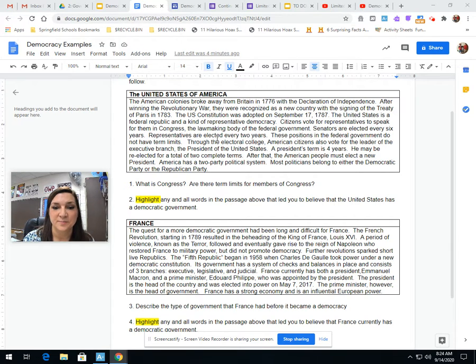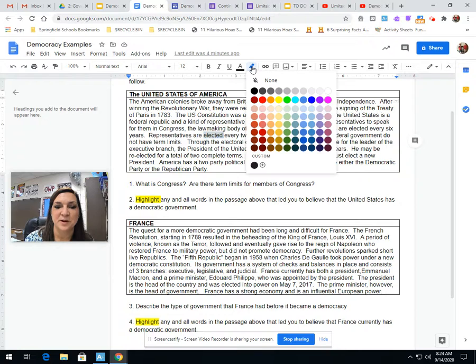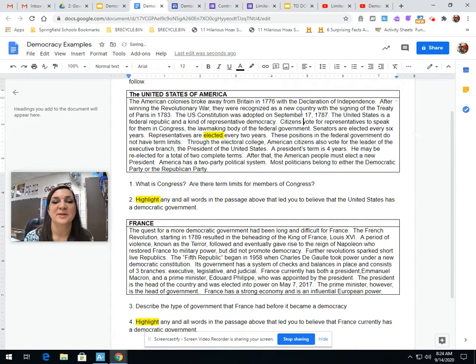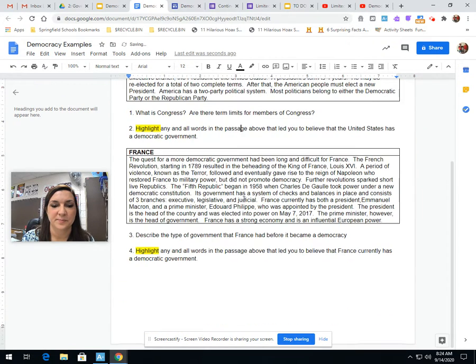When you find one, for example, I see the word elected. You come up to your highlighting tool, and if you hover over your tools, it'll pop up. It doesn't have to be yellow, but you could pick yellow, you highlight it. You're going to have more than one word highlighted. Let me undo that. Okay.